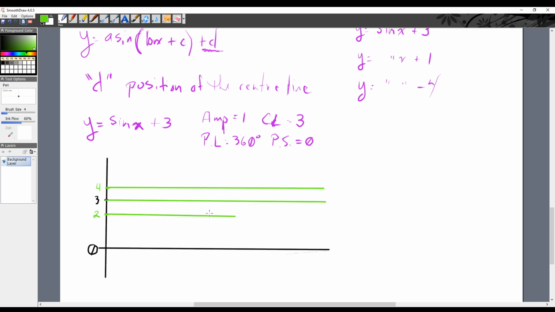Now period length is still 360 degrees, and I still want to draw 2 of them. So I'm going to draw my framing window this direction, draw another one here like this. So this is going to be 360 degrees, and this is going to be 720 degrees.